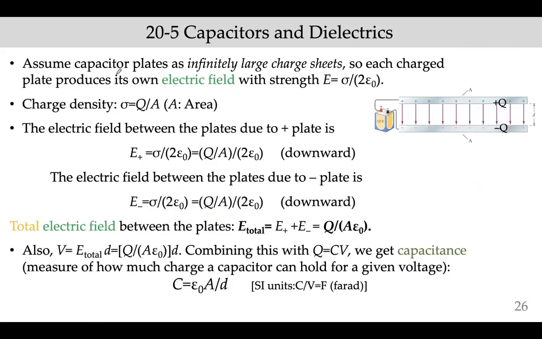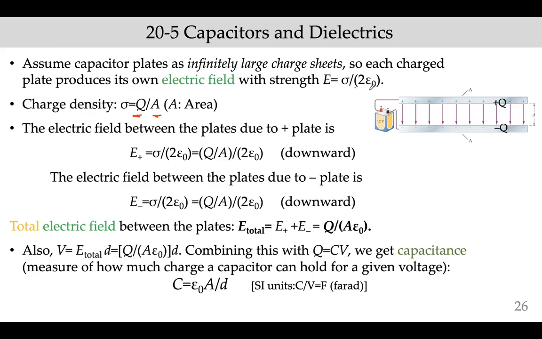So assume capacitor plates as infinitely large charged sheets. So each charged plate produces its own electric field with strength, this goes back to chapter 19, sigma divided by 2 epsilon 0. Here sigma is the charge density, so it's the charge per area.